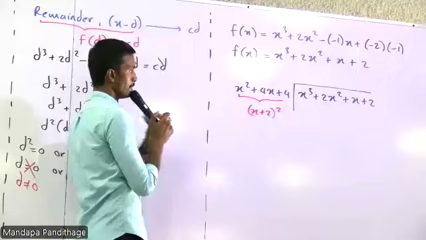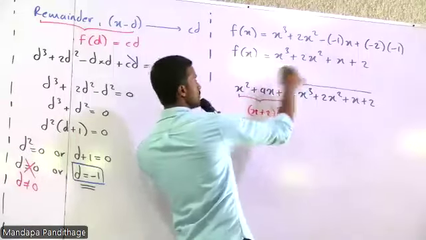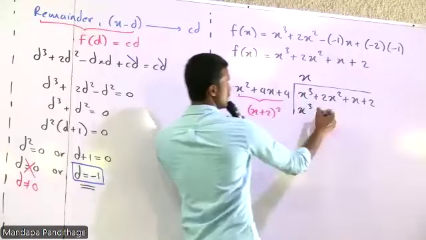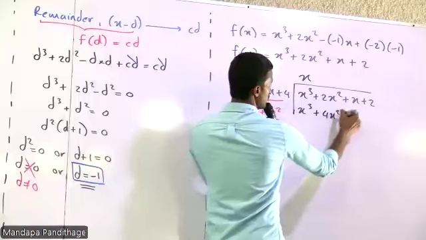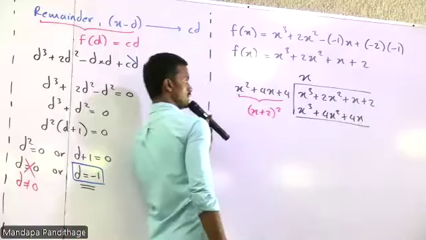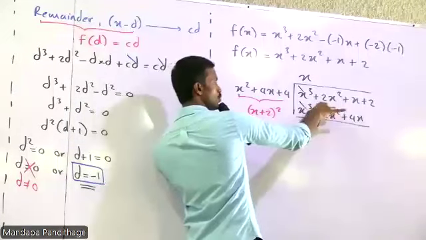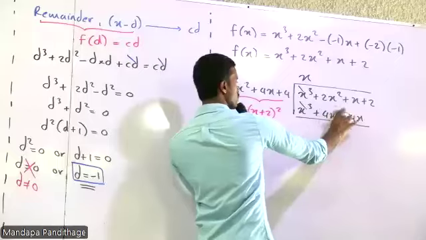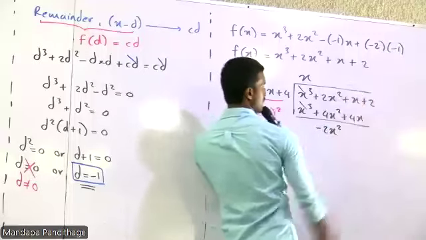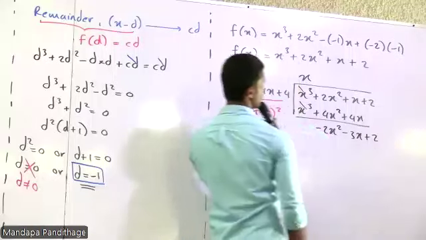Okay, so here when you divide this, x cubed divided by x squared is x. When you multiply, it's x cubed plus 4x squared plus 4x. Okay, these two cancel off. 2x squared minus 4x squared, 2 minus 4 is minus 2x squared. x minus 4x is minus 3x plus 2.